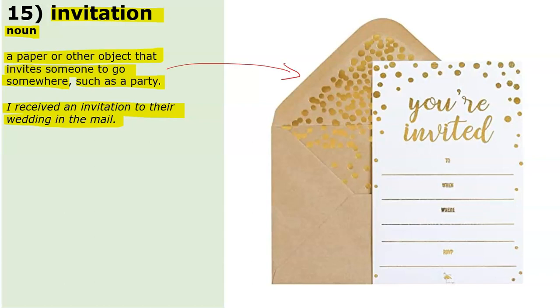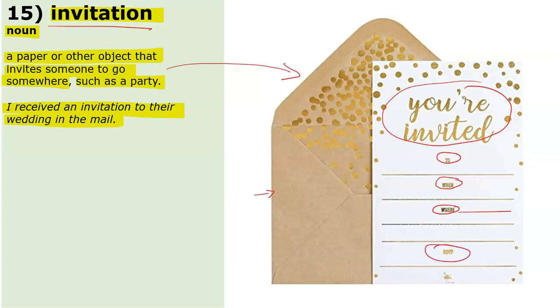And invitations usually look like this. They come inside of an envelope, and they usually will say something like "you're invited," or maybe it will just say "invitation" at the top. The invitation has the place where you need to go, it has the time, it has the location, maybe it has the address of the place, and it usually tells what it is about.